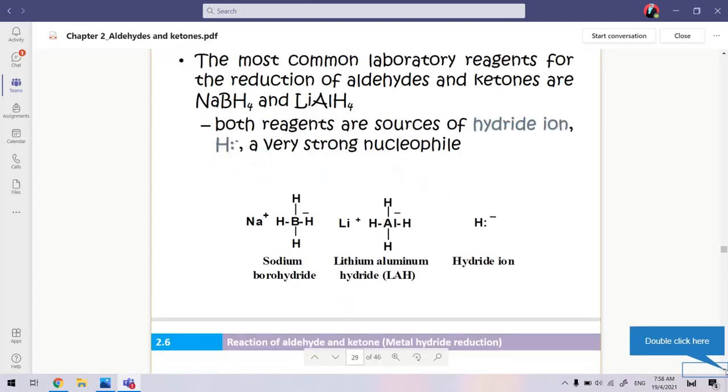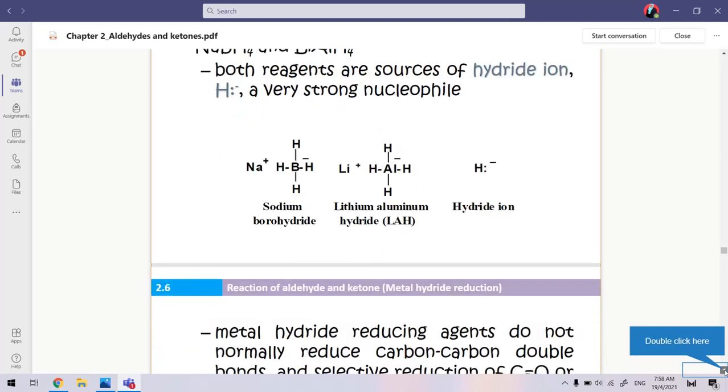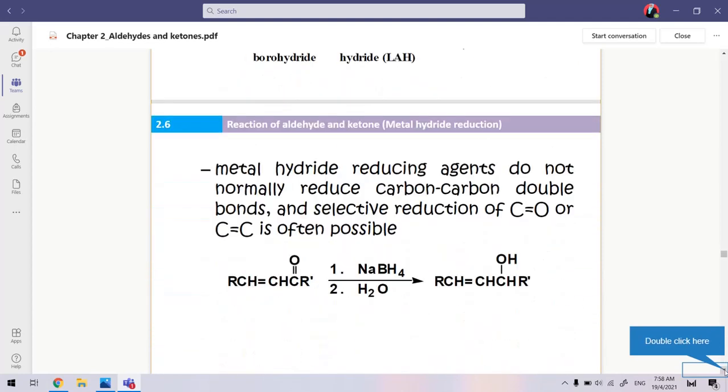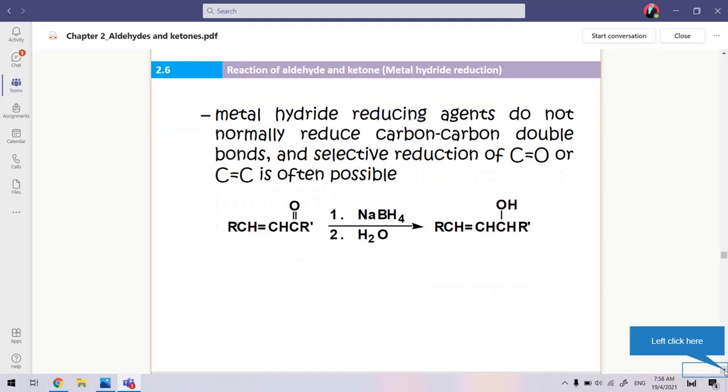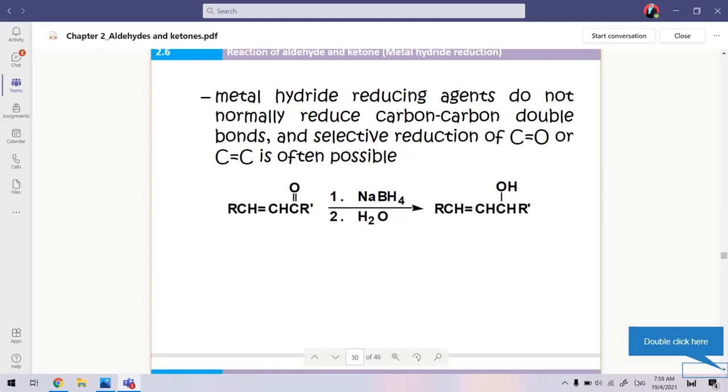Why? Because it has a hydride ion, or we call it a very strong nucleophile. Metal hydride reducing agents do not normally reduce carbon-carbon double bonds, and selective reduction of C double bond O or C double bond C is often possible.